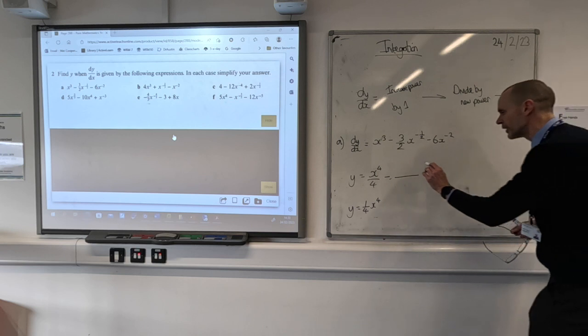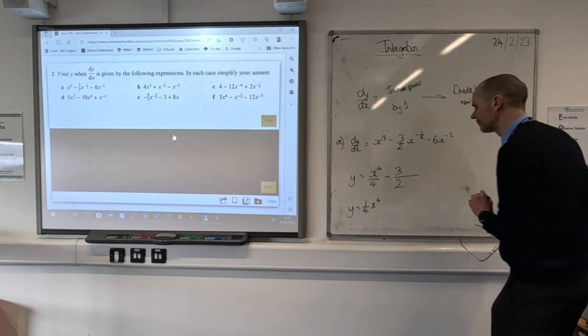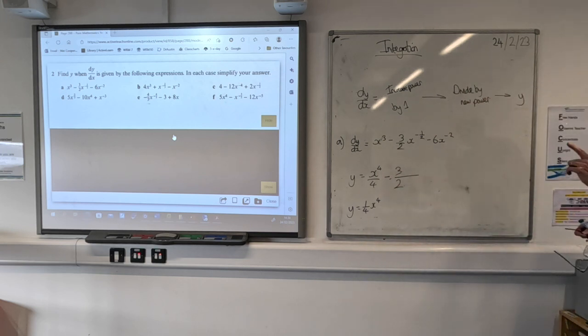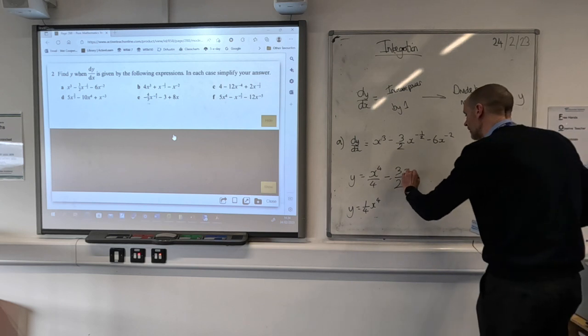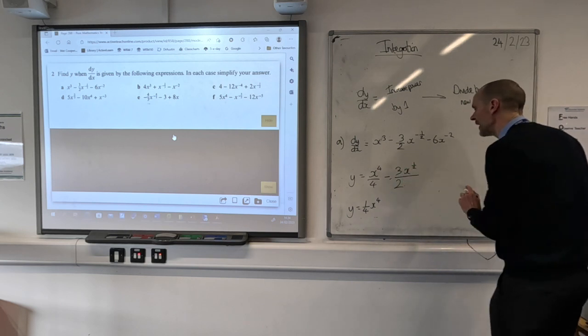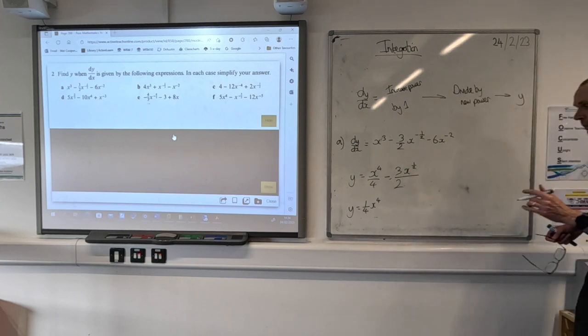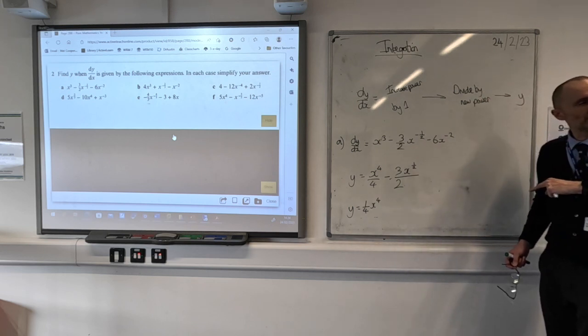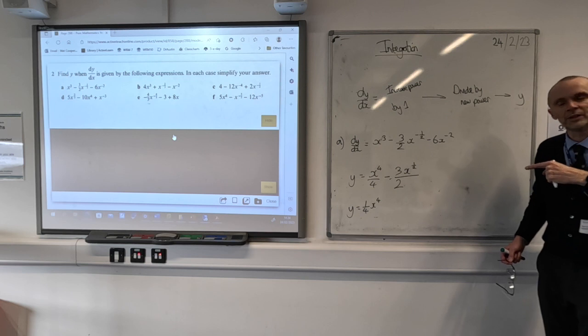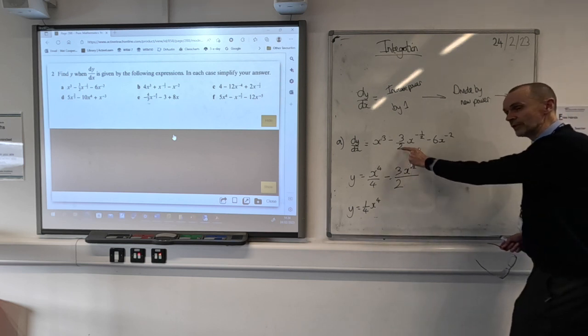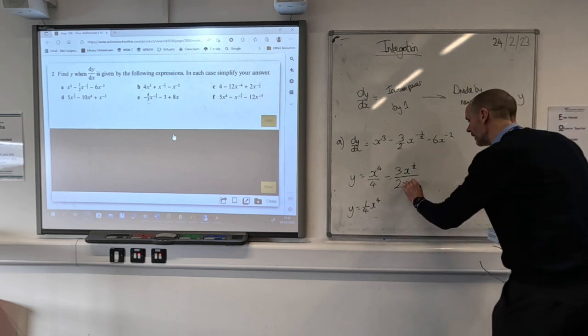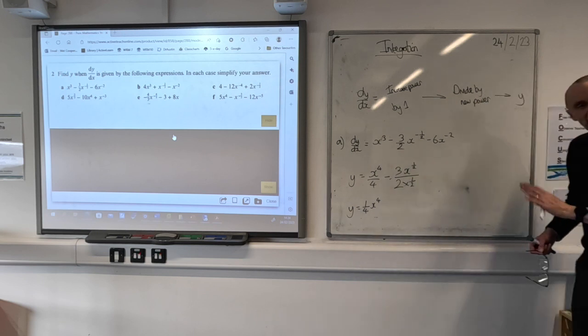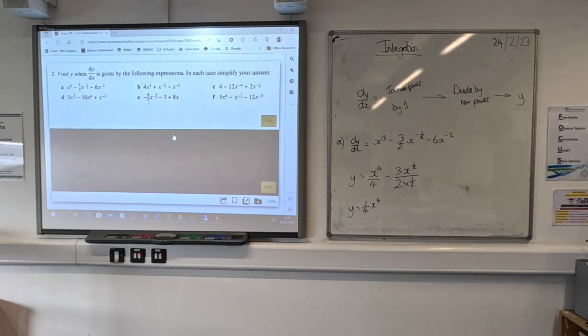The 3/2 is going to be there. X to the power of minus a half becomes x to the half. And then I divide by the new power. Well, if I divide by 3 and then divide by 4, that's the same as dividing by 3 times 4. So if I divide by 2, which I've already done, and divide by a half, that's the same as dividing by 2 times a half. And that's a bit nicer, isn't it?